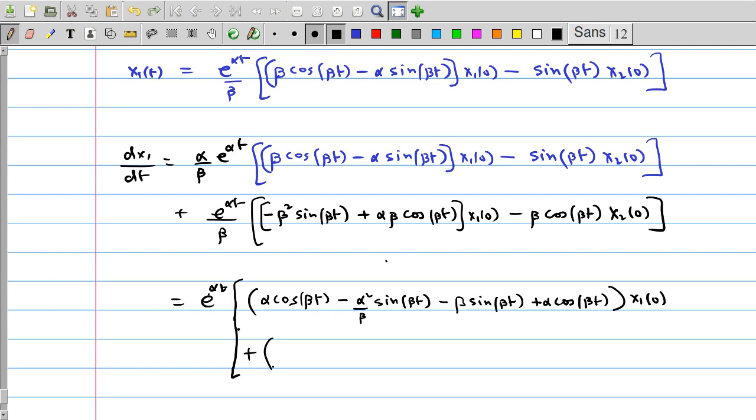Minus alpha over beta sine beta t, minus cosine beta t. So we can put the minus here, cosine beta t, times x2 0.